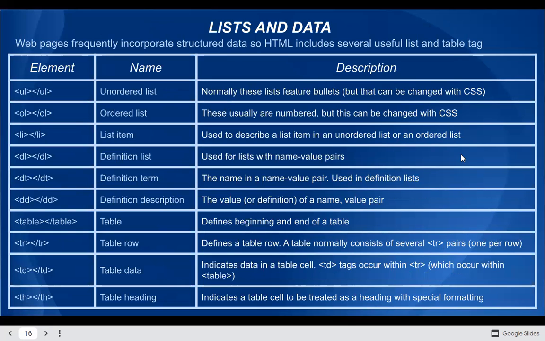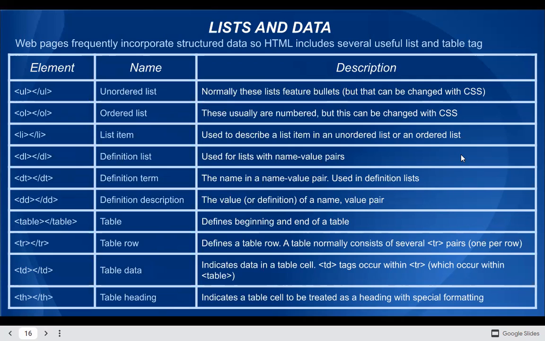Now there are some tags which are used for list and data encapsulation within HTML. Like UL. UL is an unordered list. Normally, these lists feature bullets, but that can be changed with CSS. OL is known as the ordered list.